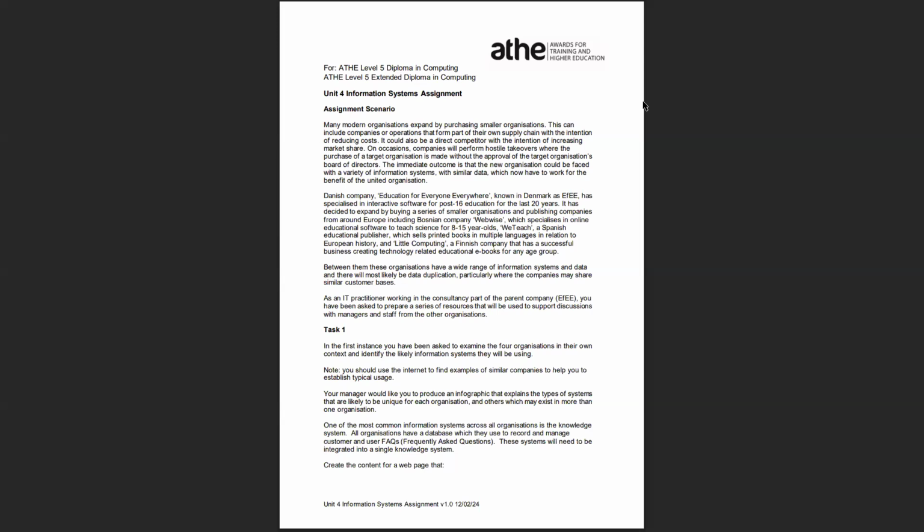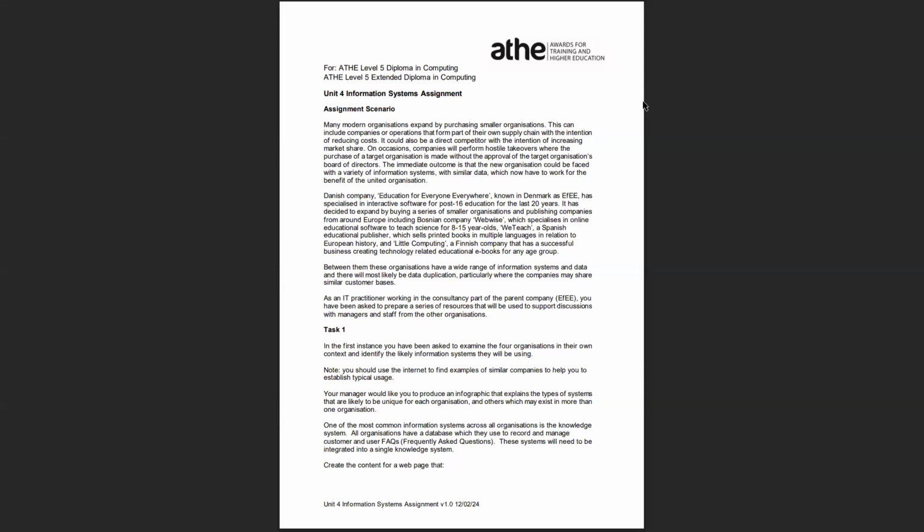So task 1, in the first instance you have been asked to examine the 4 organizations in their own context and identify the likely information systems they will be using. Note for this, you should use the internet to find examples of similar companies to help you to establish typical usage.